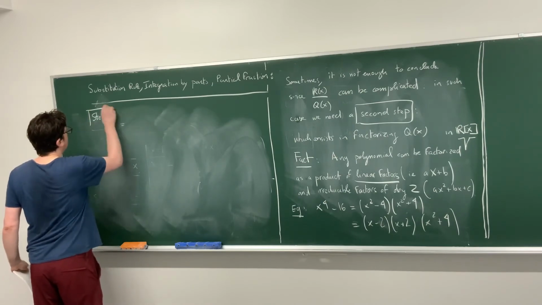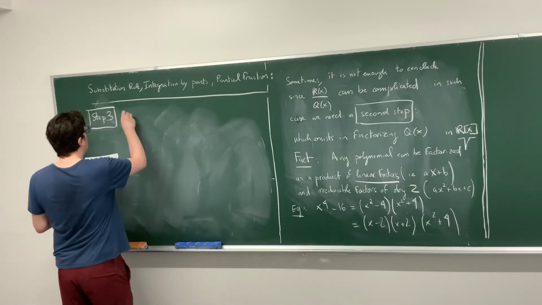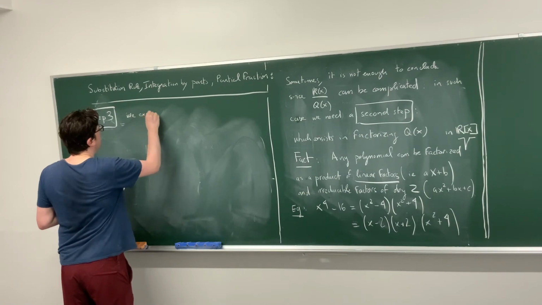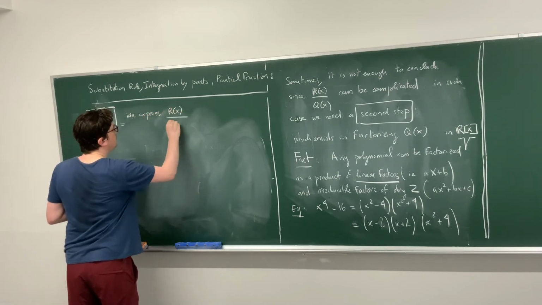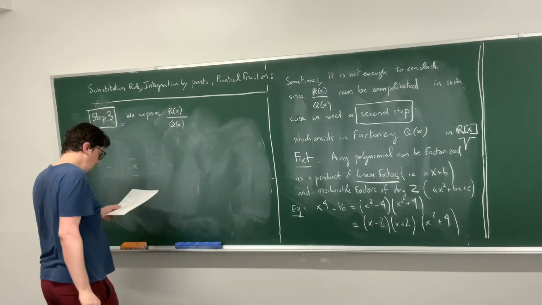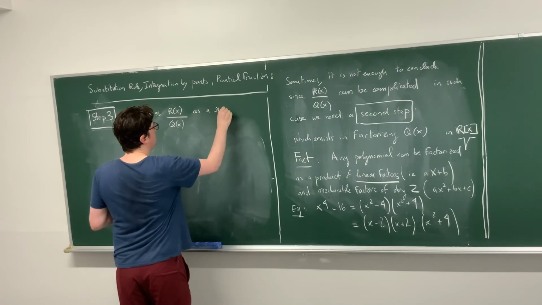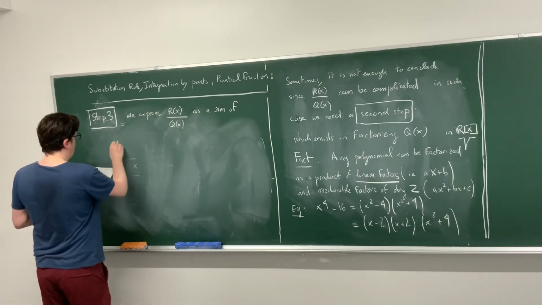Basically, we express our remainder divided by q of x as a sum of terms.